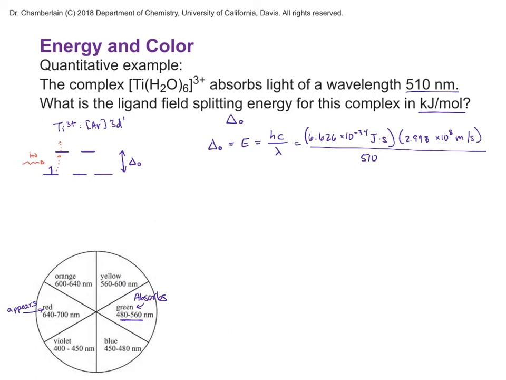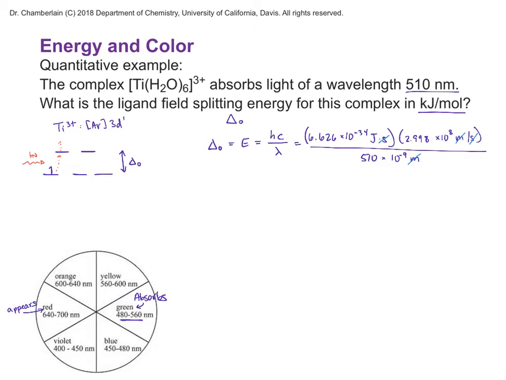And actually, I'm going to go ahead and convert that just to simplify life a little bit. I'll keep it as 510, but a nanometer would be the same thing as 10 to the minus 9 meters, since I'm going to want my meter units to cancel here. So let's do a couple of cancellations. Seconds will cancel, meters will cancel, and I can calculate this out.